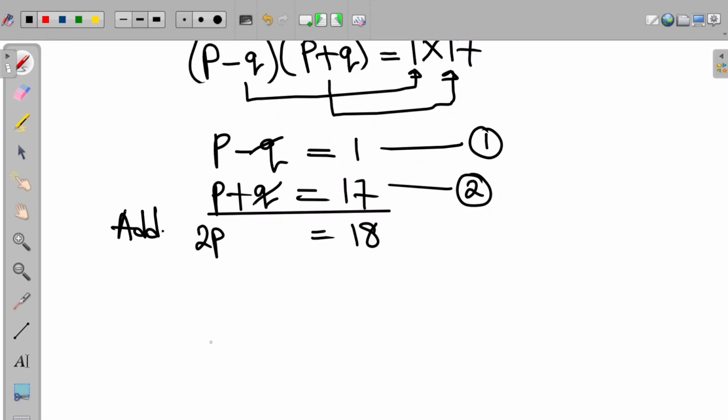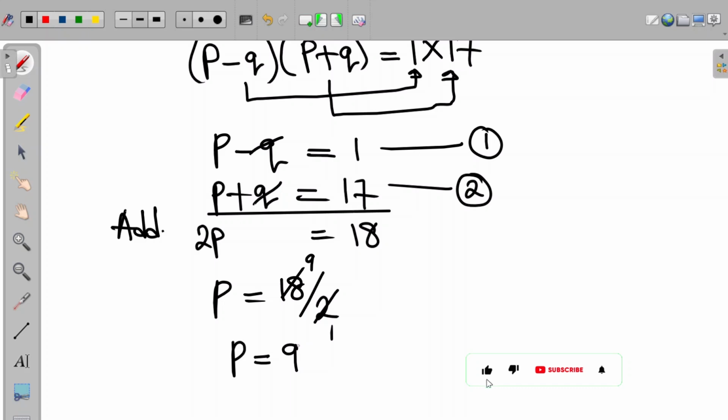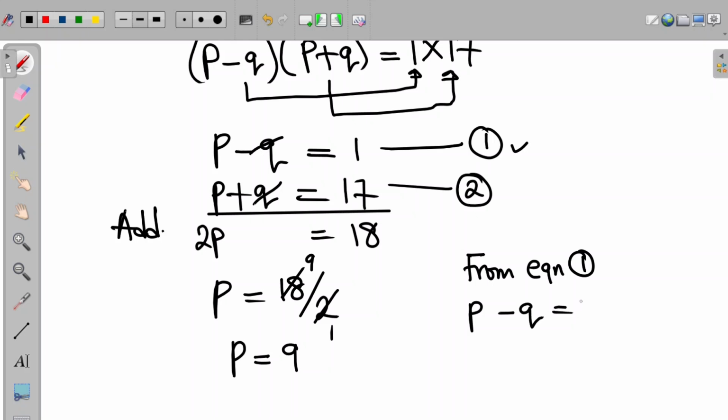So therefore p is equal to 18 divided by 2. So 2 cancels itself, we have 1. 18 divided by 2 is 9. So therefore p is equal to 9. Now to obtain the value of q, we substitute p equal to 9 into equation 1. From equation 1, p minus q is equal to 1.